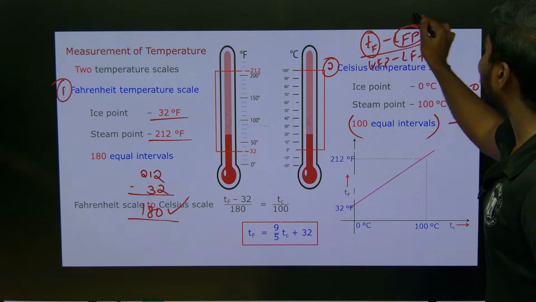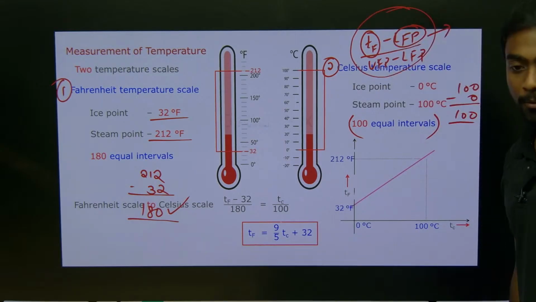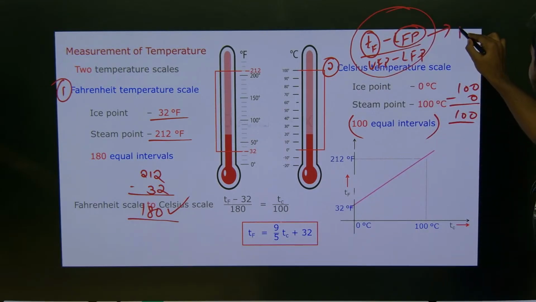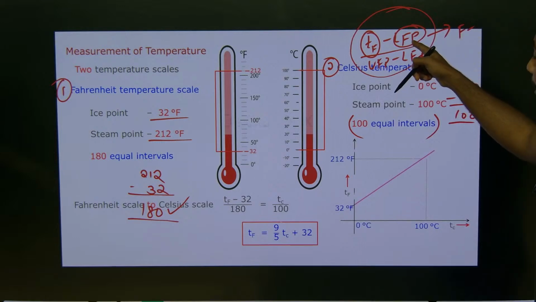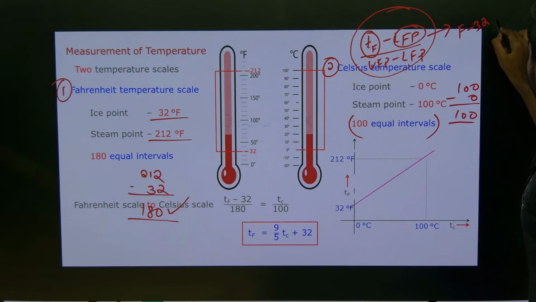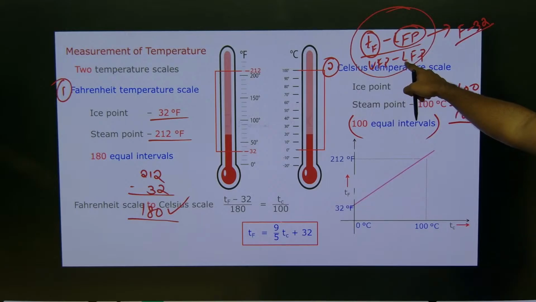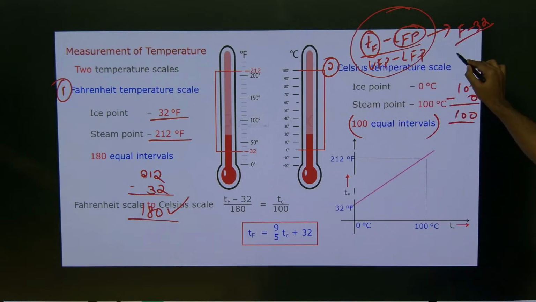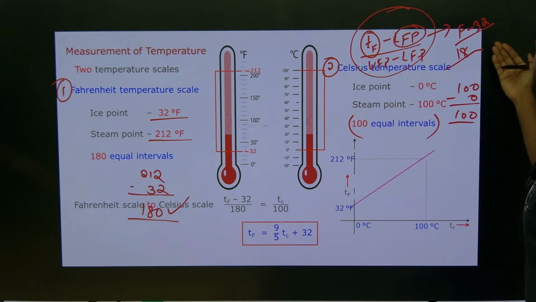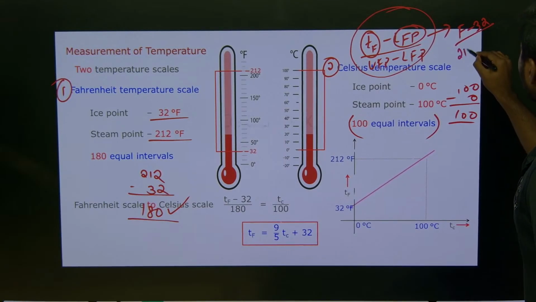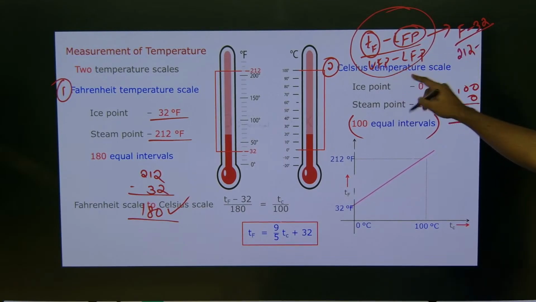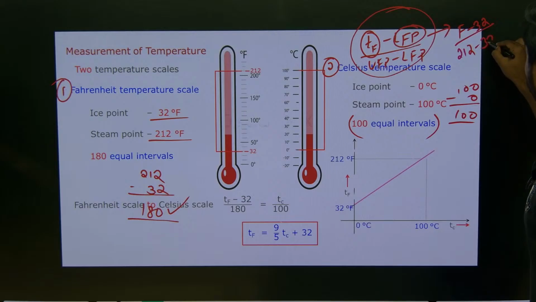For the Fahrenheit scale, that is F minus 32, divided by the upper fixed point 212 minus the lower fixed point 32.